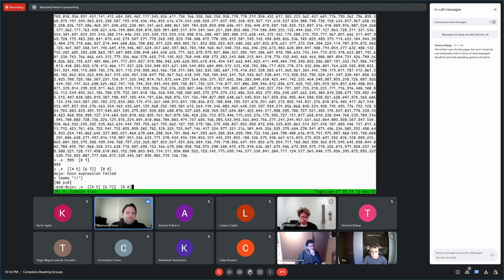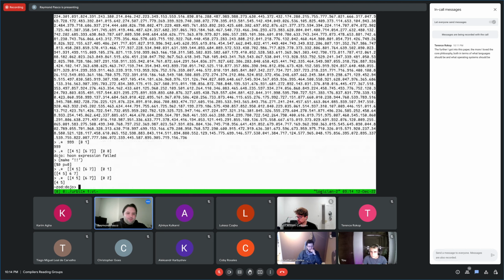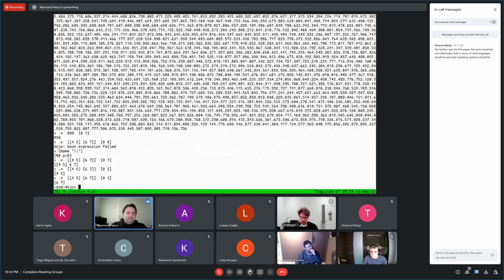0, 1 is like the entire tree. And then the head is 2, the tail is 3, and it proceeds recursively like that. So the head of the head is 4, the tail of the head is 5, and you see I put 4, 5, 6, 7 in there.